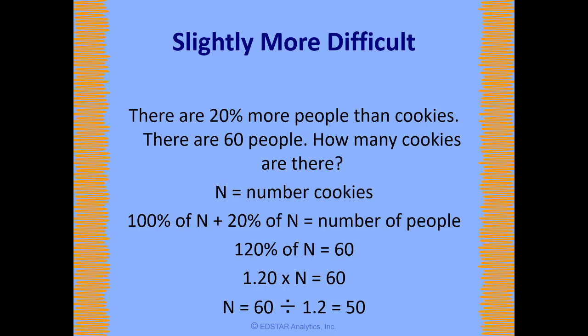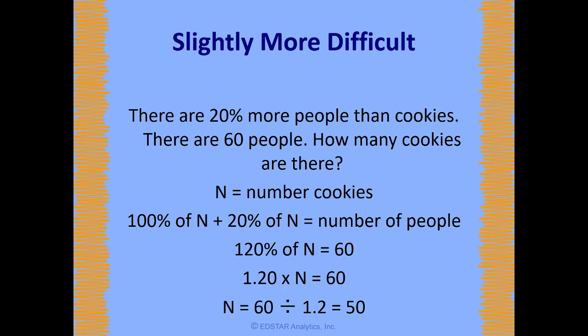And then to actually compute that math, you need to change it to a decimal, which is 1.20 times n equals 60. And as always, if we know that two numbers multiply together to equal the third, we can divide to get the answer. So n is 60 divided by 1.2. And that turns out to be 50.